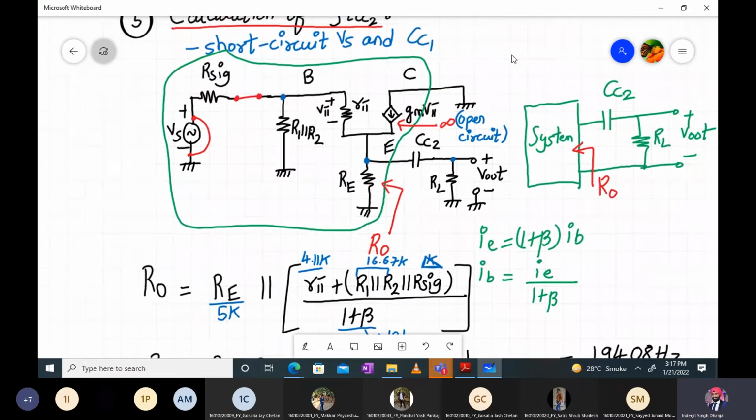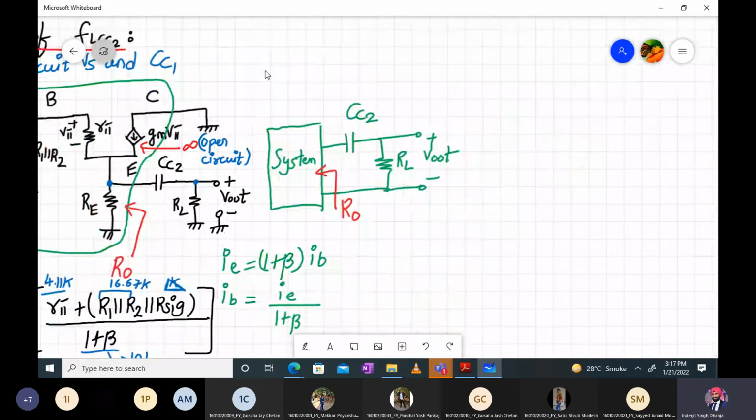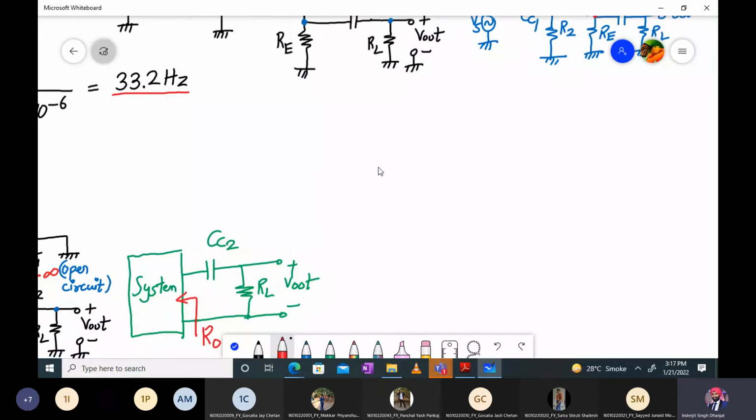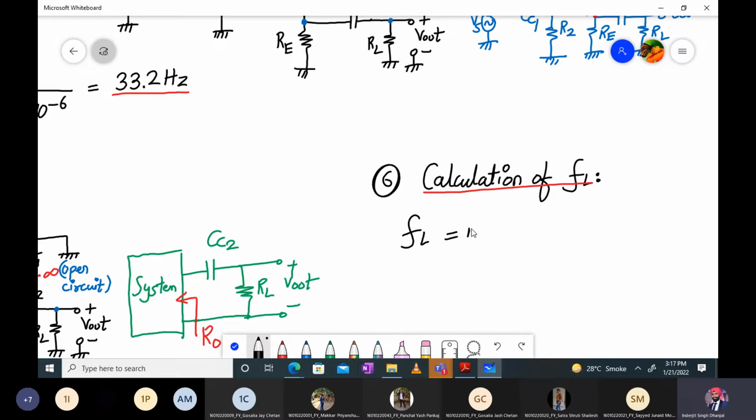Let me go to the next part. Next comes the calculation of FL, the sixth part over here: calculation of lower cutoff frequency, FL. Now we know that FL will be the maximum out of FL of CC1 and FL of CC2.